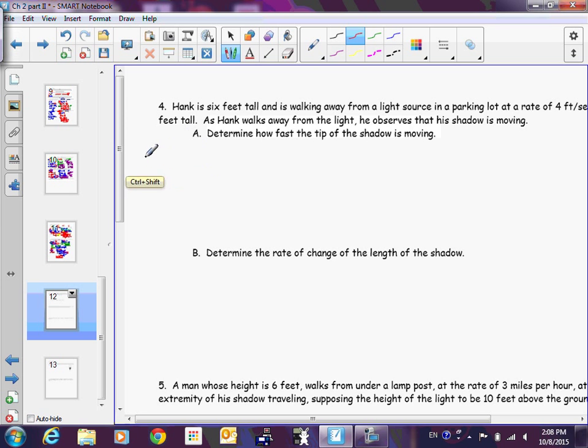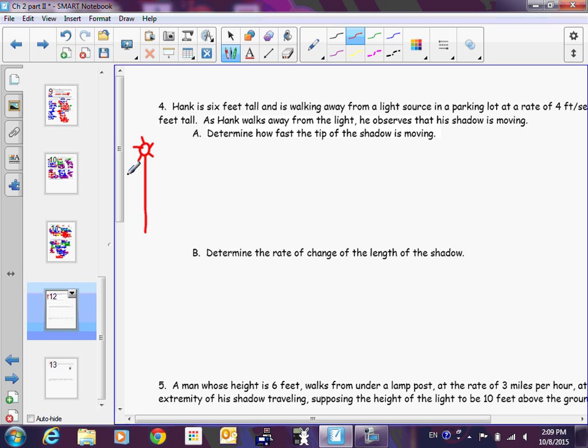Okay, so what we need to do is we need to draw a picture. First, here's my light source. It's not pretty. You do what you need to do here. Do they tell us how tall this light source is? 18. Hold on just a second. 18 feet.